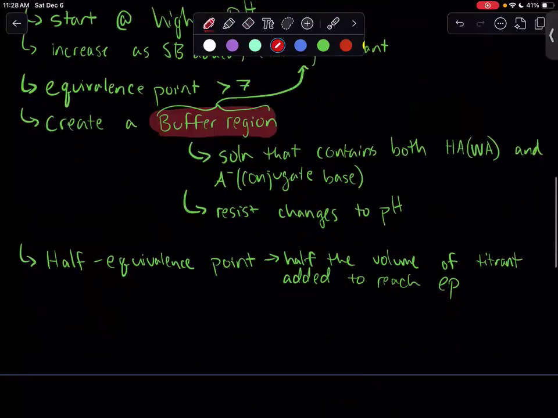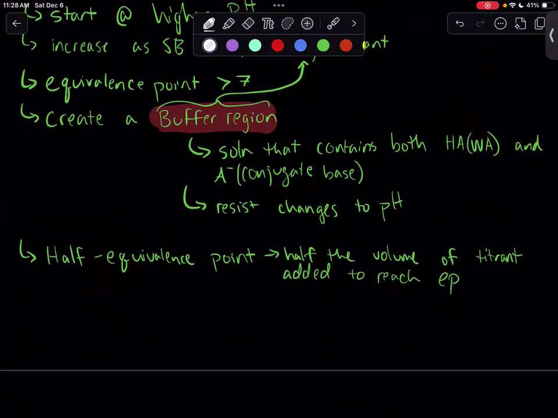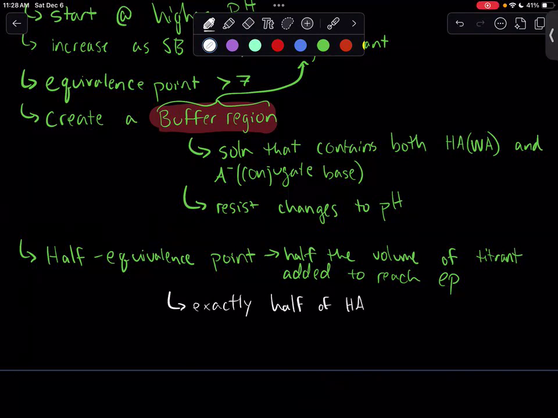That half equivalence point is where half the volume of titrant is used up to reach the equivalence point. Now, this half equivalence point is a very significant value. This is where exactly half of the weak acid, or in our case HA, is neutralized.